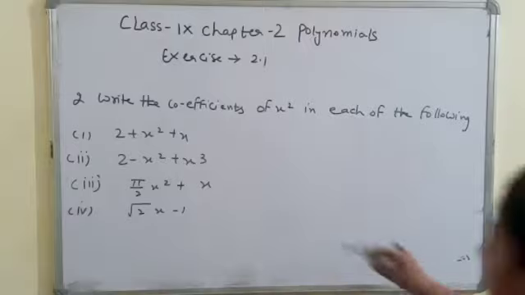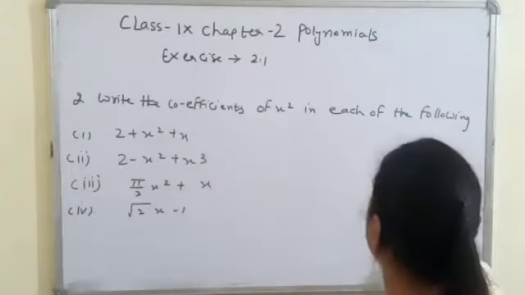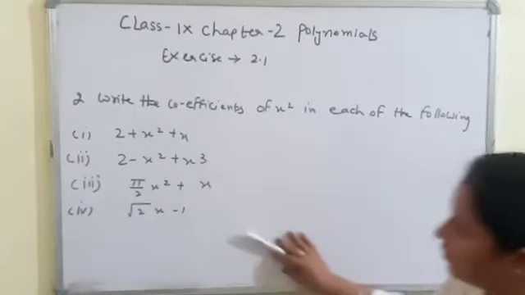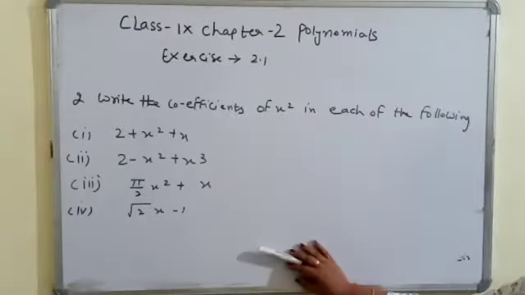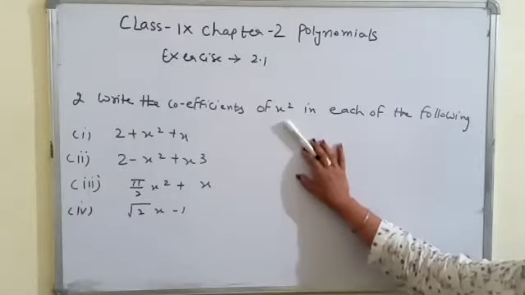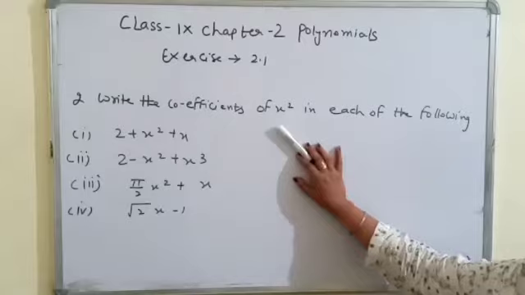Yes, students. The second question is: write the coefficient of x square in each of the following. Now in the following polynomials we have to find out the coefficient of x square. What are the coefficients?